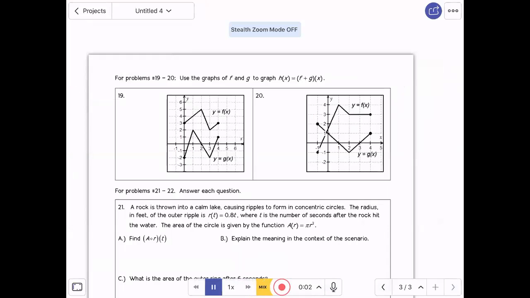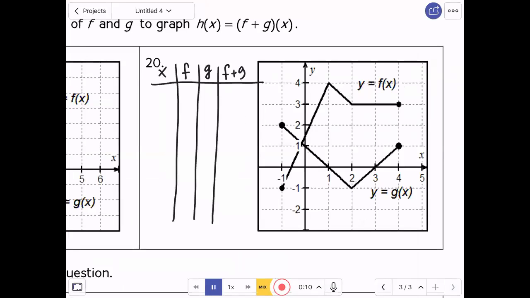For number 19 through 20, you're going to use a graph to find f of x plus g of x. For this one, we are going to find each value at each x value. For example, let's look at -1.